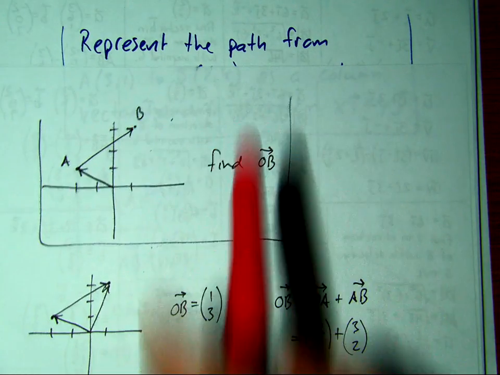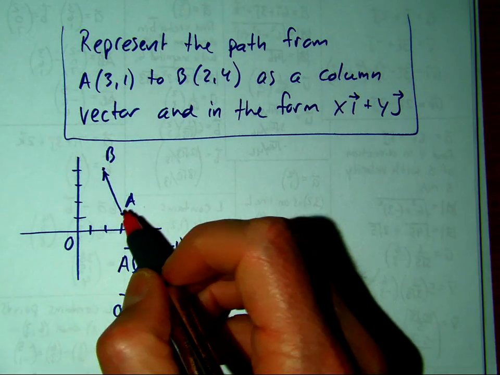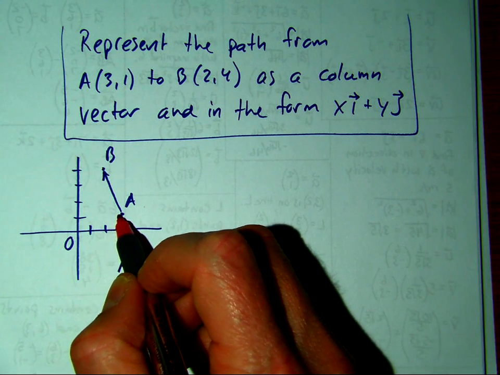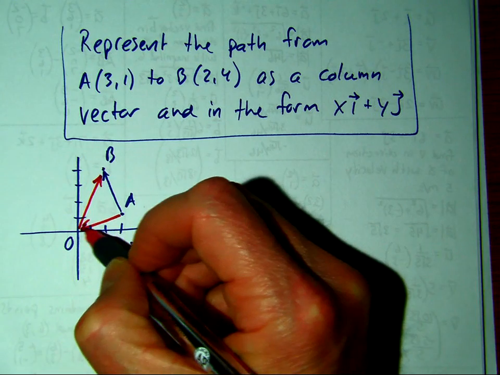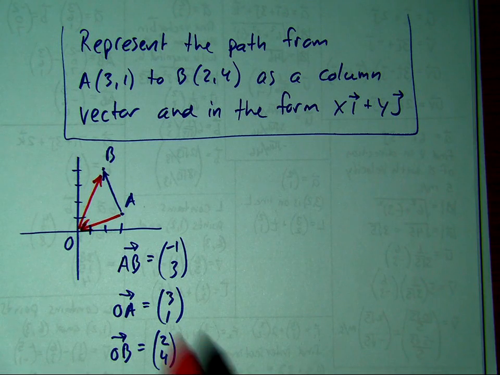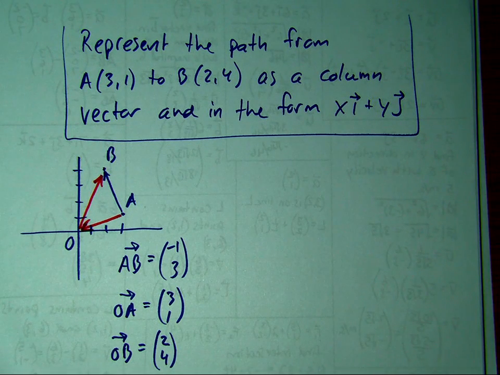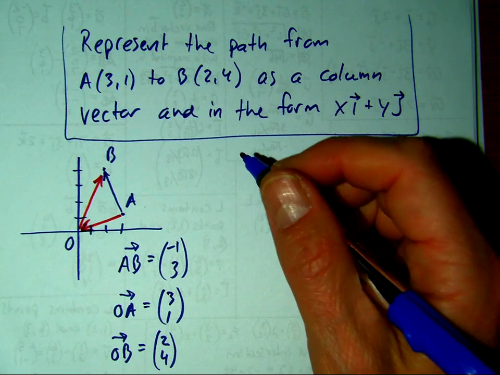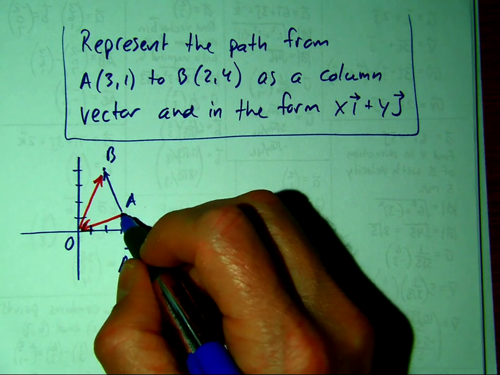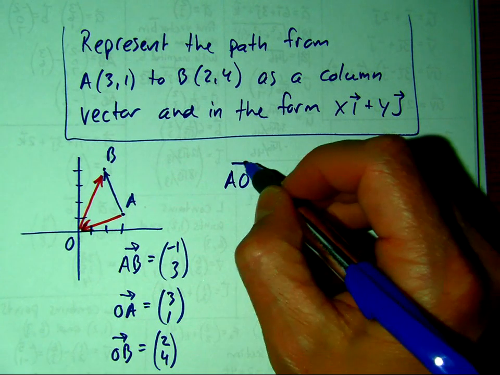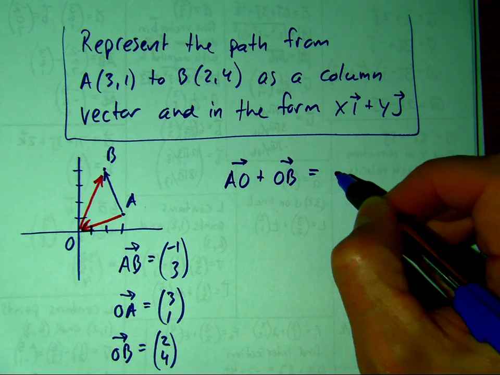So if we want to start at A and go to B, we could also go A to O and O to B. And that would be a way to use addition to find AB. We want to find AB, so we could say AO plus OB. That is AB.